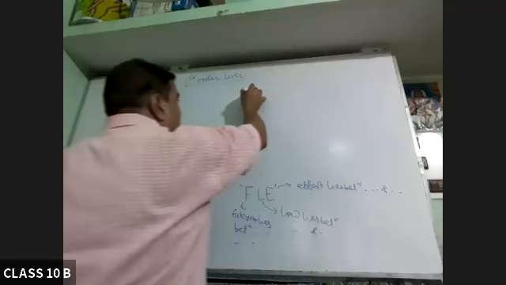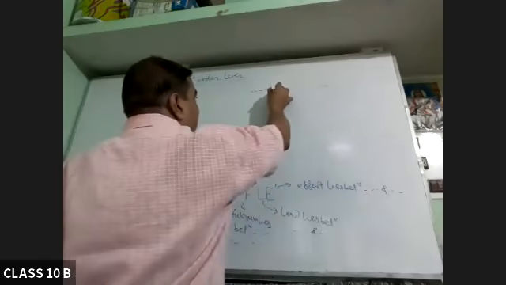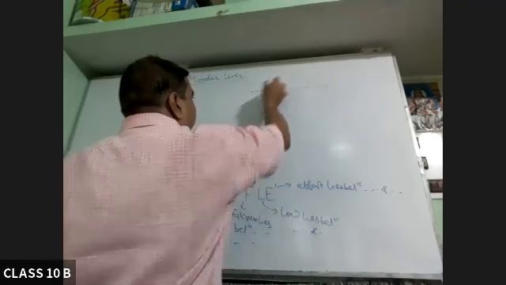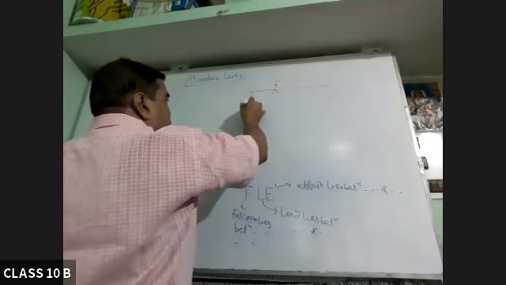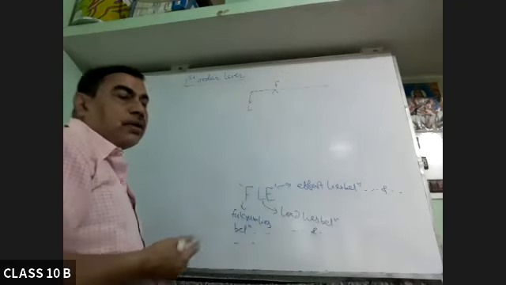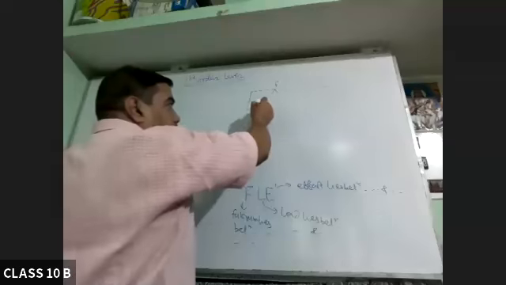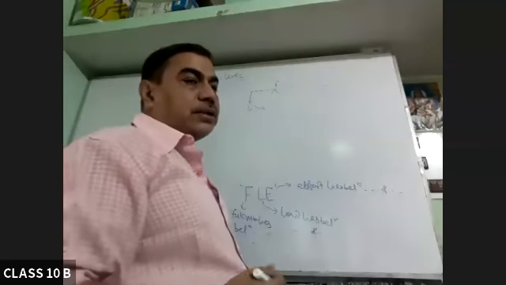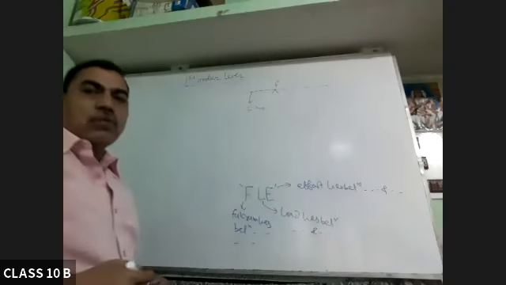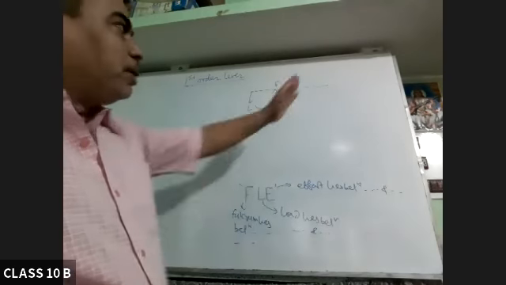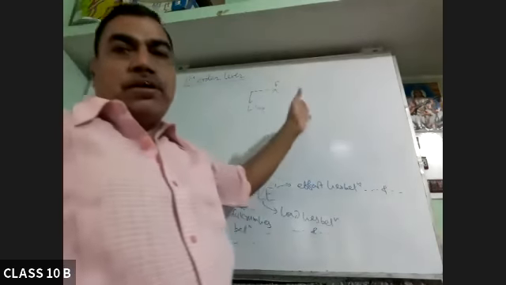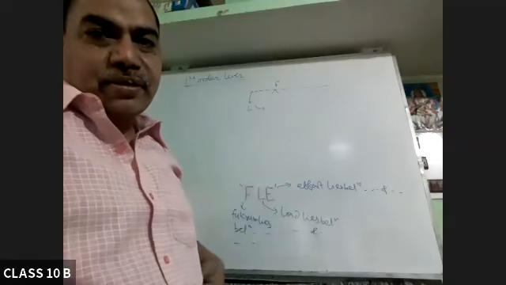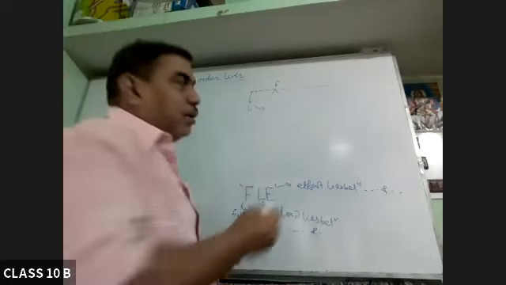The symbolic diagram of the lever we will represent like this. This is the fulcrum. On one side, suppose this is the load. As this load is producing anticlockwise movement, naturally you have to represent the effort in such a way that it can produce clockwise movement.